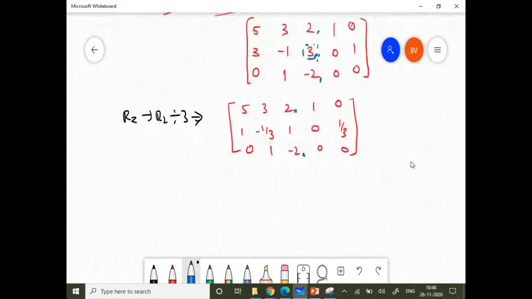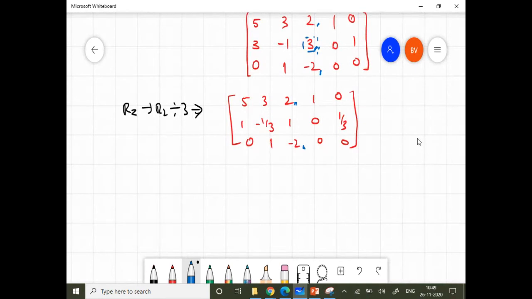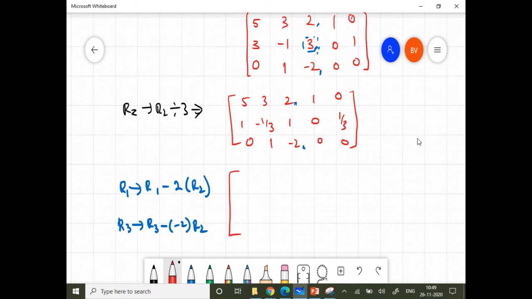Use the formula. You know how to write formulas. R1 is R1 minus 2 times R2, as the element in R1 is 2. R2 is the row that will have no change. R3 will be R3 minus, and there is a minus 2 here, minus 2 times R2. Does that sound good?